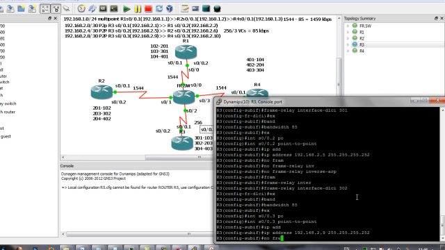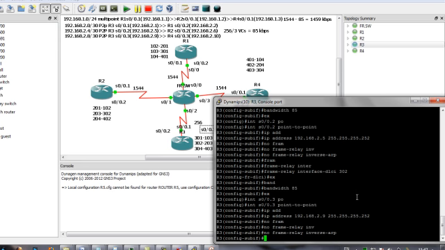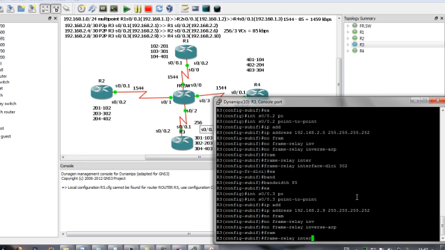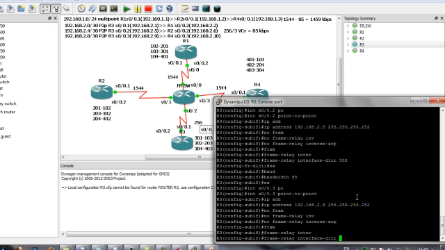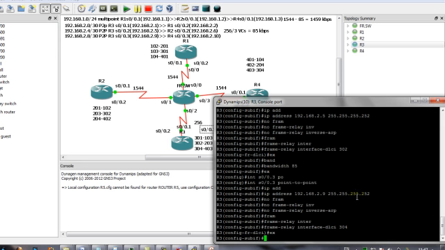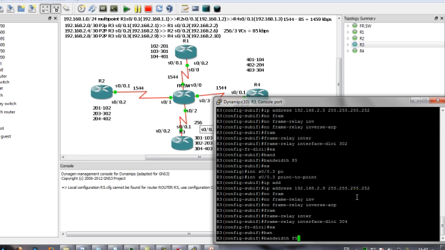No frame-relay inverse-arp. Frame-relay interface-dlci, just wait a second, with 304, and the bandwidth I want is 85.